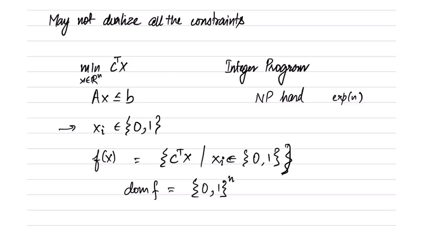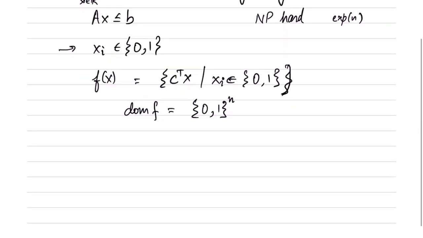So this way we can write the same problem as minimize f of x subject to Ax less than or equal to b, and x is the optimization variable. The only thing hidden in f is that the domain of f is non-convex. So f is not a convex function because its domain is non-convex.